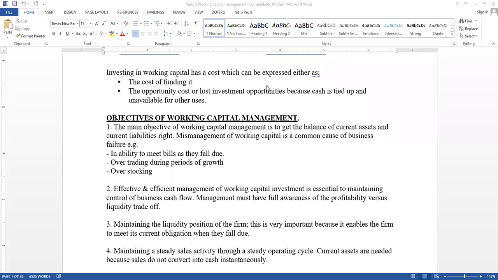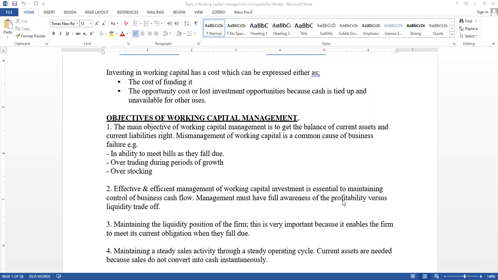Then another objective of working capital management. Of course, if working capital is managed effectively and efficiently, it is very essential in maintaining control of business cash flow. So management has full awareness of the profitability versus liquidity trade-off, because this is key.